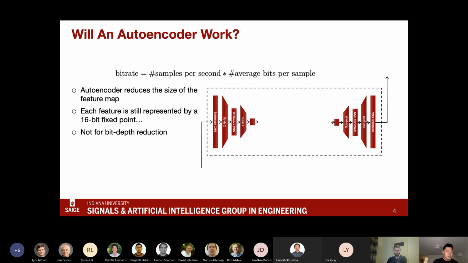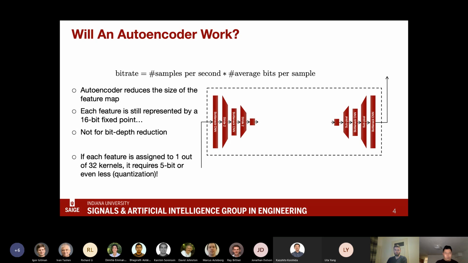But each feature is still represented by a 16-bit fixed point. So it doesn't benefit the bit depth reduction. That's why only using an autoencoder is not sufficient for speech coding or audio coding here.